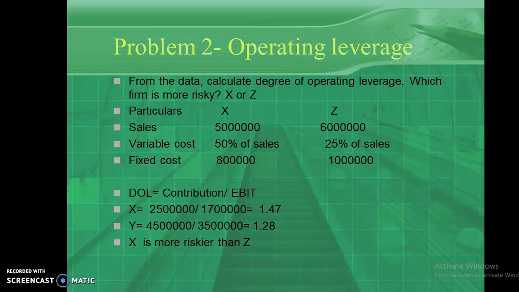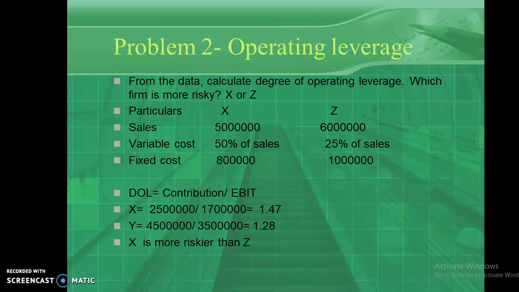Variable cost is 50% of sales for firm X and firm Z 25% of sales. Fixed cost is 8 lakh and Z 10 lakh. So these are the informations given respectively.